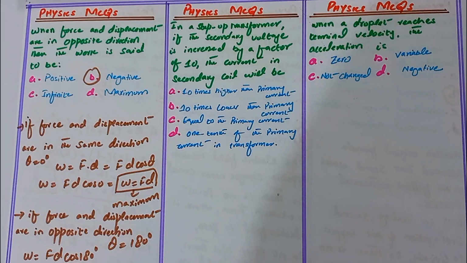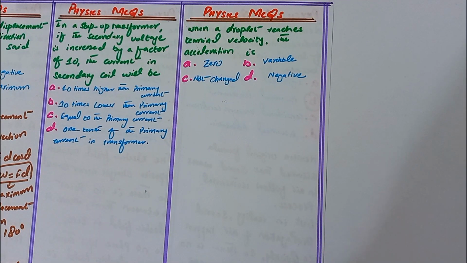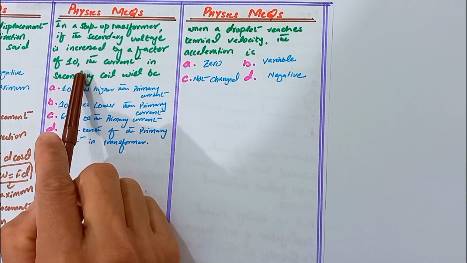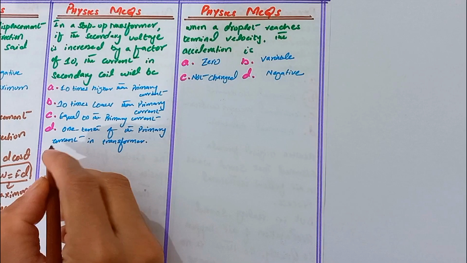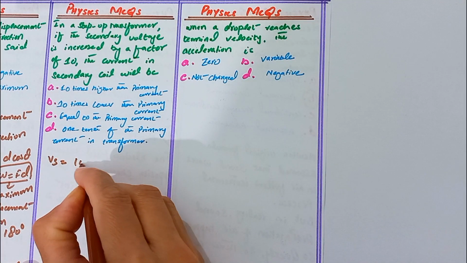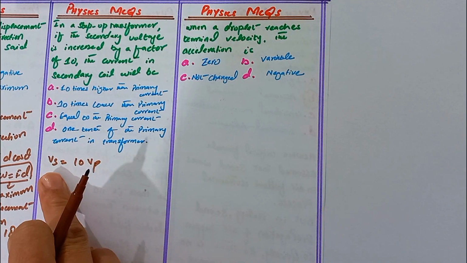Now we discuss the second MCQ. In the second MCQ, they ask that in a step-up transformer, if the secondary voltage is increased by a factor of 10, the current in the secondary coil will be? So here is the given data: the secondary voltage is increased by a factor of 10 over the primary voltage. Vp represents the primary voltage and Vs the secondary voltage.